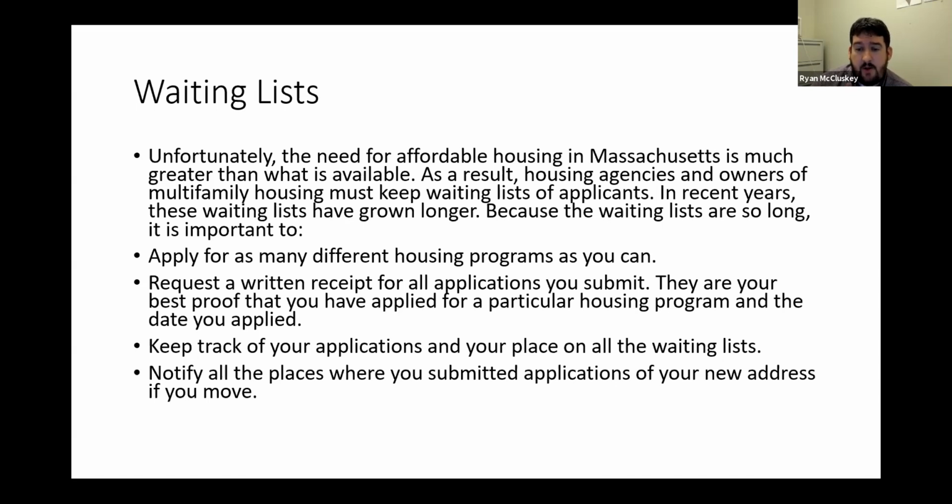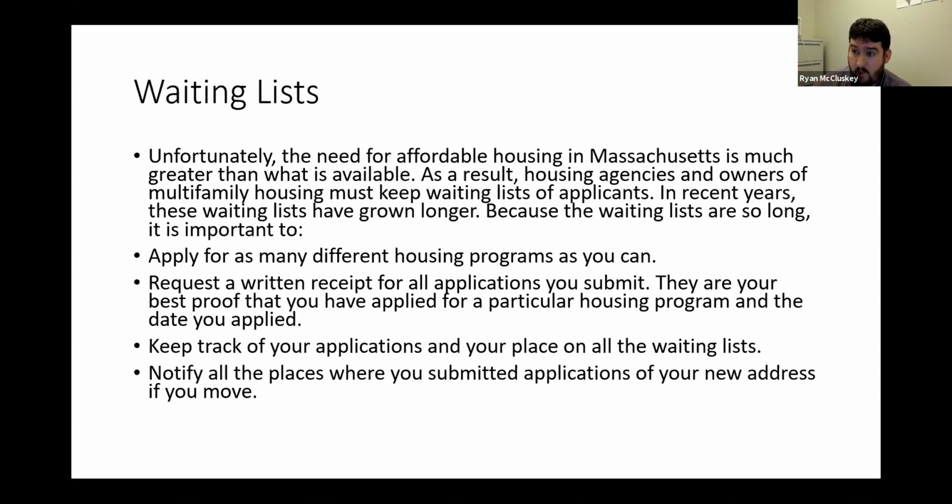Also make sure that you're getting, and that's why I love the online applications, electronic receipts that are time-stamped on all your applications. It's important to keep track of those and know when you applied. And like I said, it is so important to make sure that you're updating all the applications with your current address.